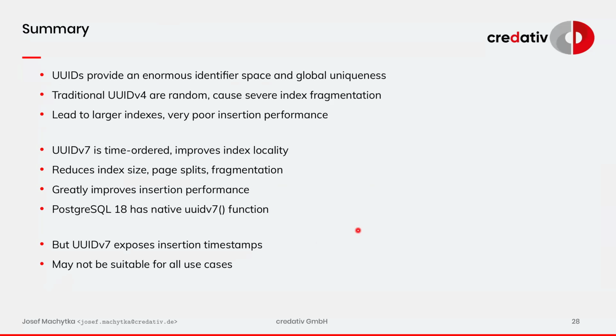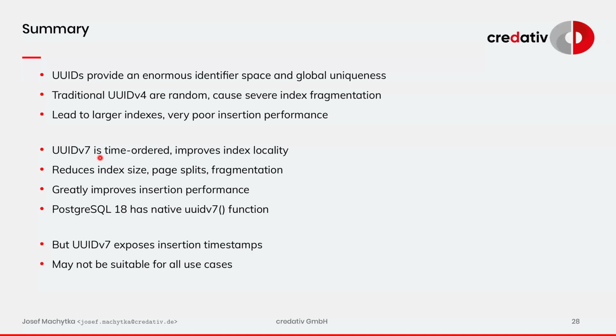And this is the last slide, so let's summarize. UUIDs are amazing because they provide an enormous identifier space and global uniqueness. But traditional UUIDs version 4 are completely random and cause severe index fragmentation. They lead to larger indexes and very poor insertion performance.